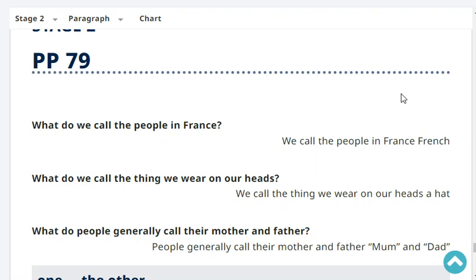We call the thing we wear on our heads a hat. Very good. What do people generally call their mother and father? People generally call their mother and father mom and dad. Very good.